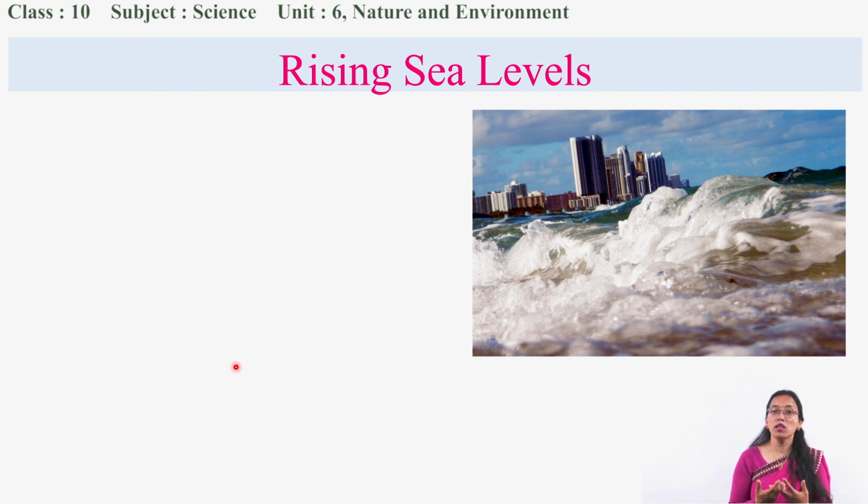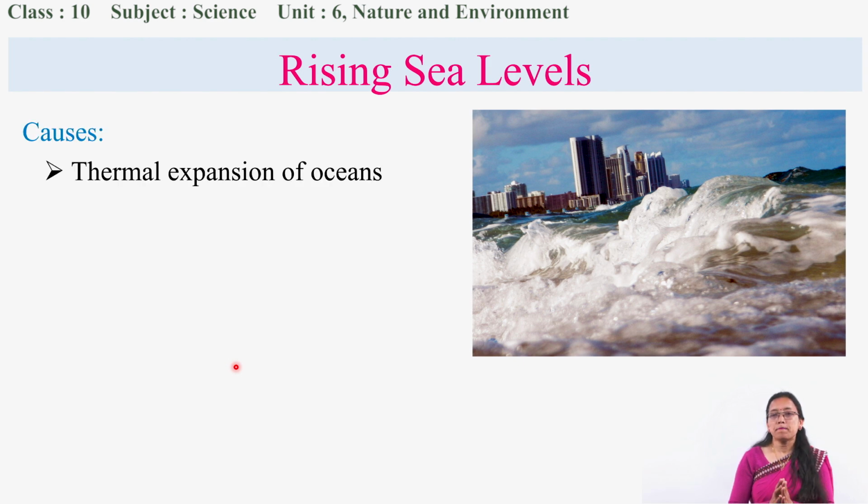That means volume also expands. One reason is that. And another reason is that glacial lake outburst occurs. Untimely flood occurs. Those floods will again go to the sea, and the level of water in the sea will also rise because of this glacier melting also.